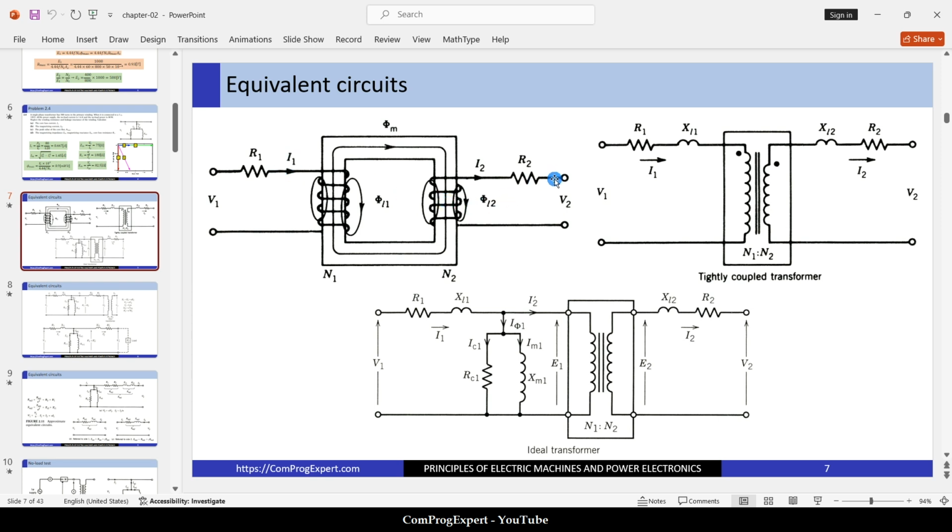We have similar elements for the secondary coil, R2, V2, and this is the direction of the current for the secondary coil. So, before adding these elements, this resistance and the equivalent leakage reactance for coil 1 and coil 2, we can consider this ideal transformer first.